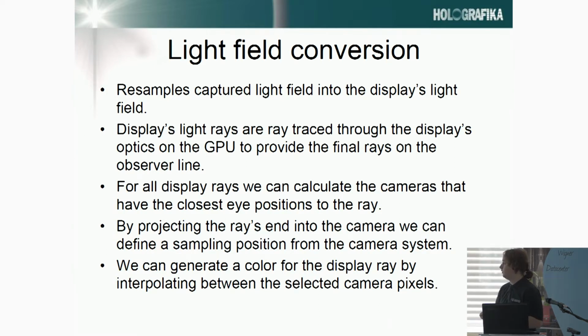So this is going to be our sample point. Then we just have some kind of measurement, like angular difference or tangential difference between the camera ray and the display ray, and then we interpolate based on how well the display ray matches the camera ray.